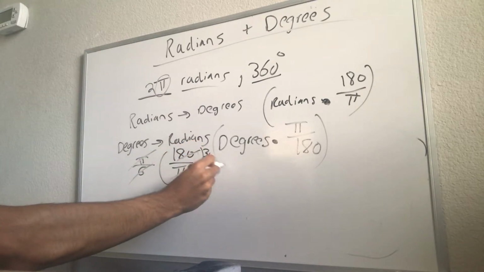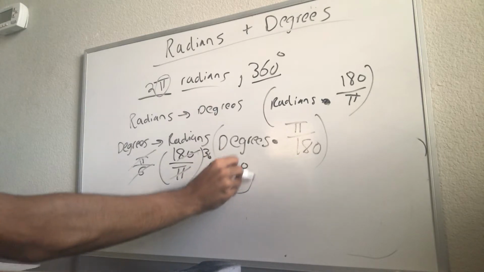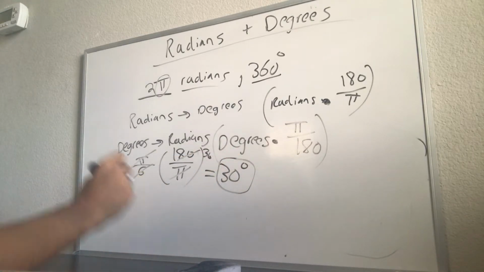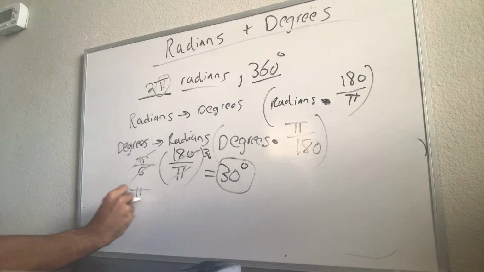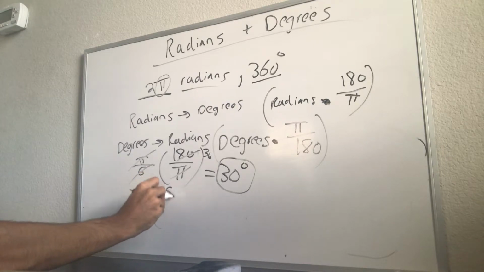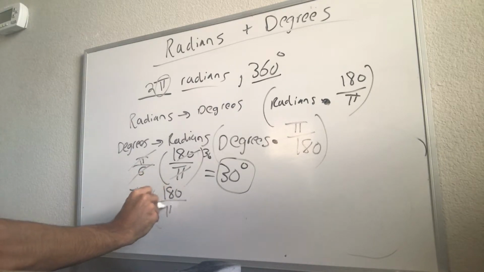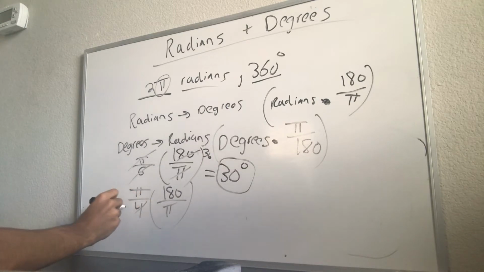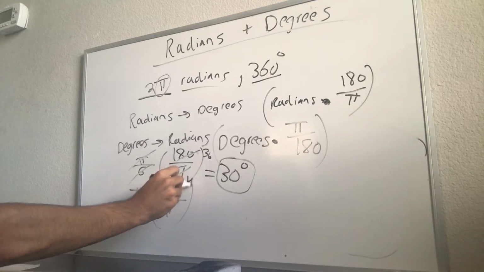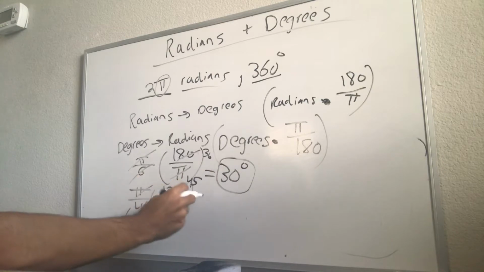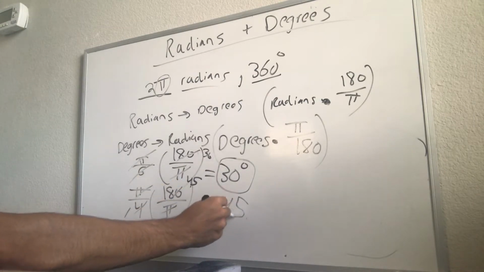So really pi over 6 is 30 degrees. Similarly, we can look at pi over 4 and multiply this by 180 divided by pi. Again, 180 divided by 4 is 45. Pi cancels, so we're left with 45 degrees here.